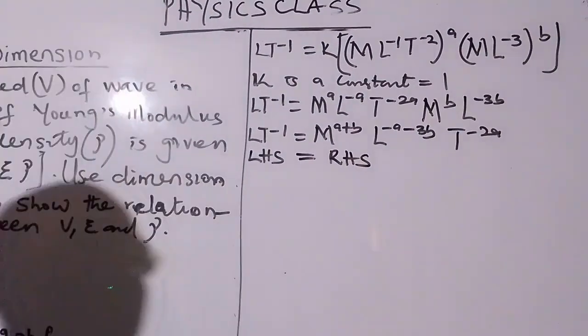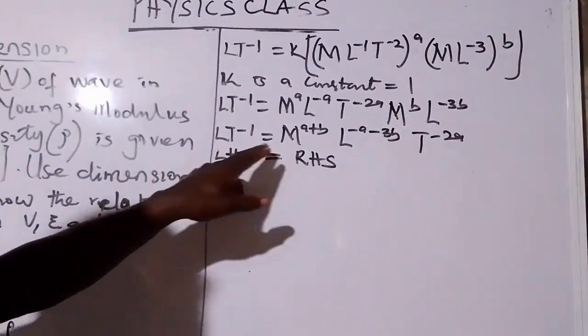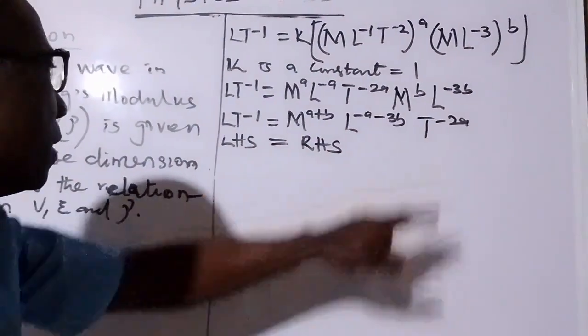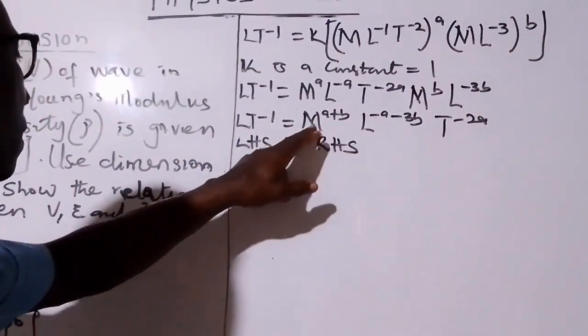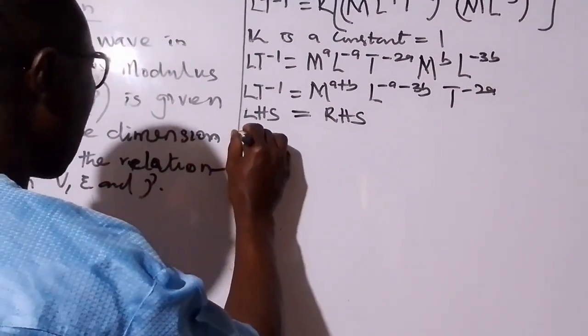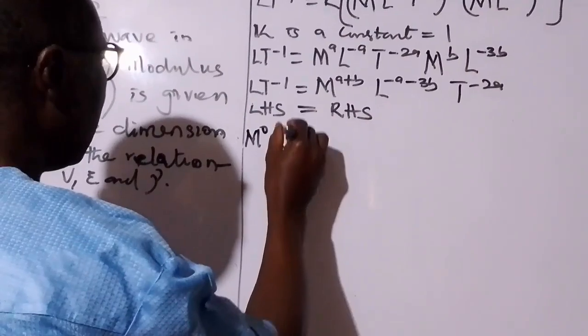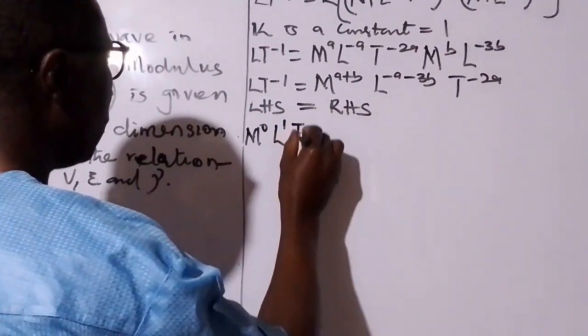And if that is the case, here we have L and T. Here we have MLT. It means what is left out here is M. So we need to introduce that M. So we are going to have M raised to power 0, L raised to power 1, T raised to power minus 1.